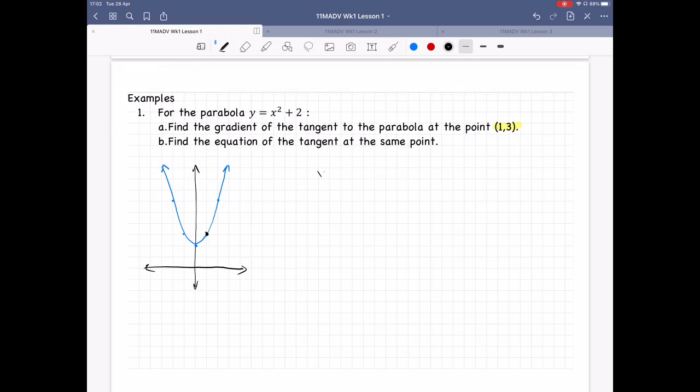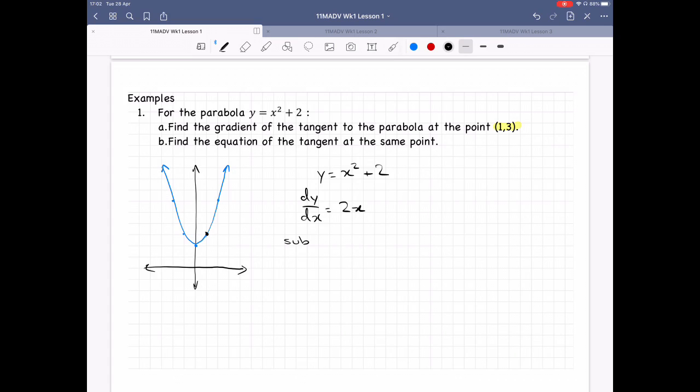So our function was y is equal to x squared plus 2, which means using the power rule, our gradient function will be dy/dx is equal to 2x.